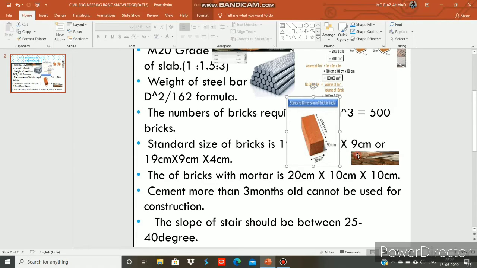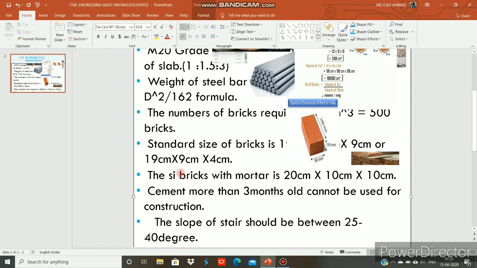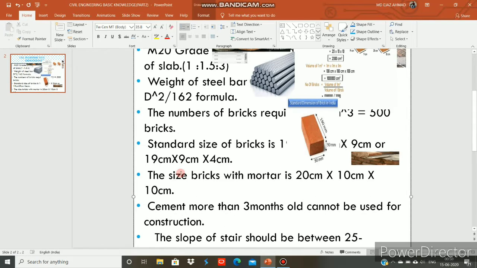Now, the size of brick with mortar is 20 centimeter x 10 centimeter x 10 centimeter.